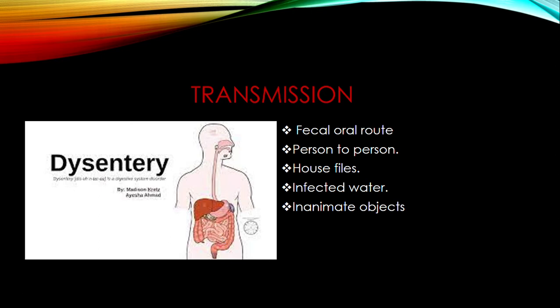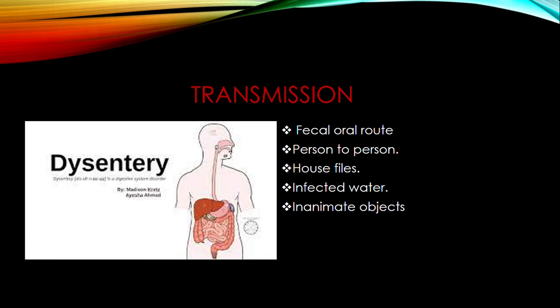The transmission of dysentery occurs through the oral-fecal route. It can also be transmitted from one person to another through close contact with an infected person. That's why patients with dysentery are isolated, because we want to prevent the spread of the infection.